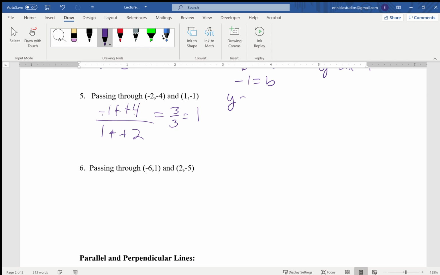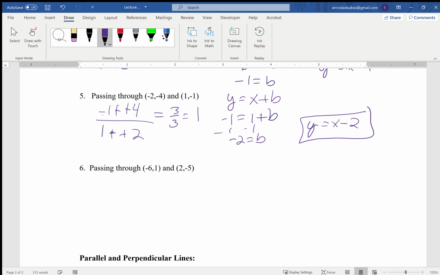So I have y equals, I don't even need to write the 1, sorry. Y equals x plus b. I can choose either point. Subtract the 1. I'm going to have minus 2 is equal to b. So I have y equals x minus 2. The slope was 1. That's why there's no coefficient on the x.